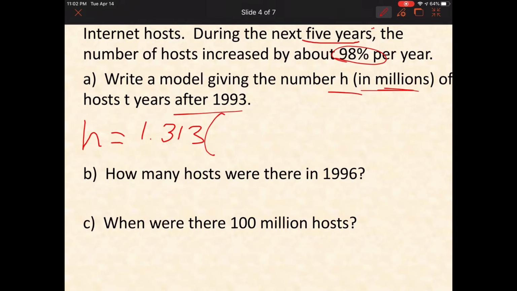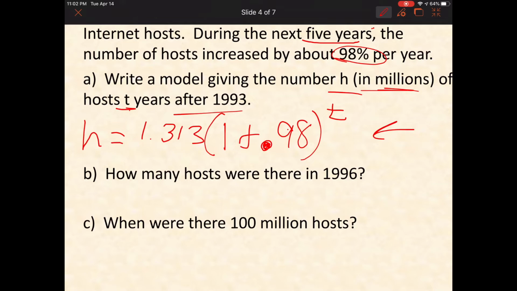Then, when you take the 98% and you divide by 100, you get 0.98. And then we're just going to raise this to a t because it told me to. All right, there's your equation that you're going to use throughout. There could be all the way from A, B, C, all the way to Z, just different years and everything, and you just use the same formula.